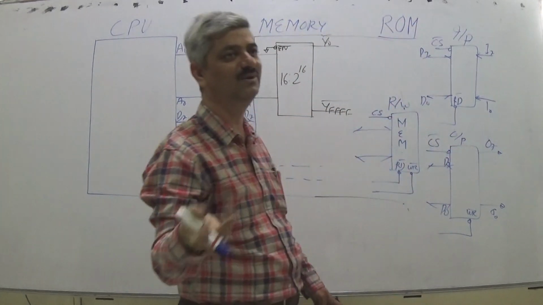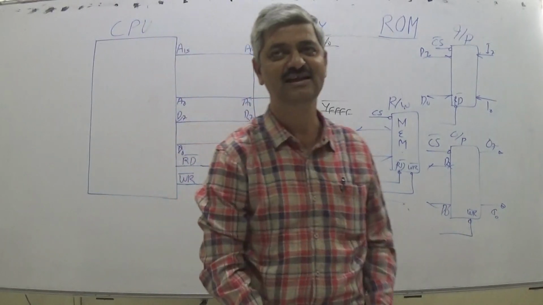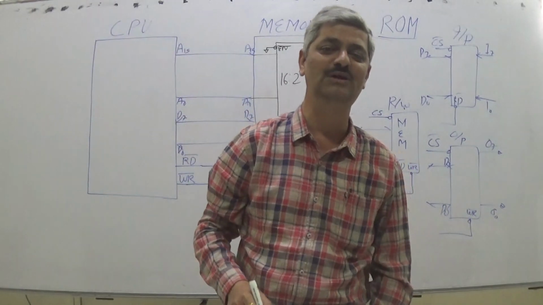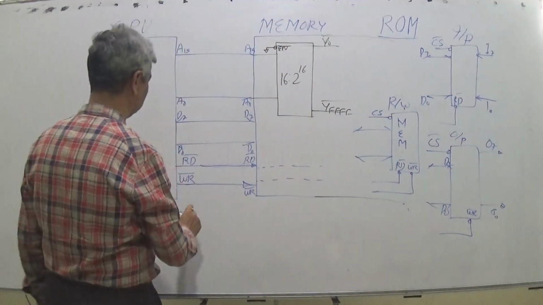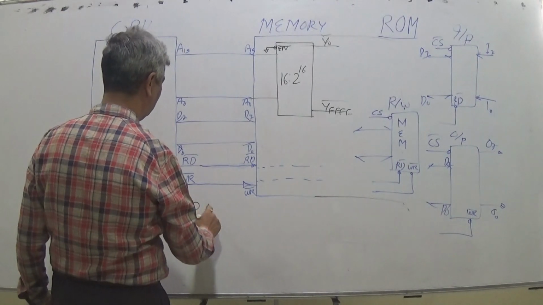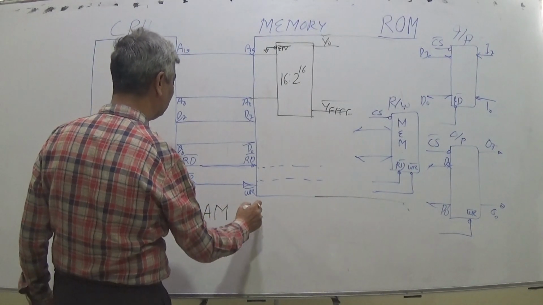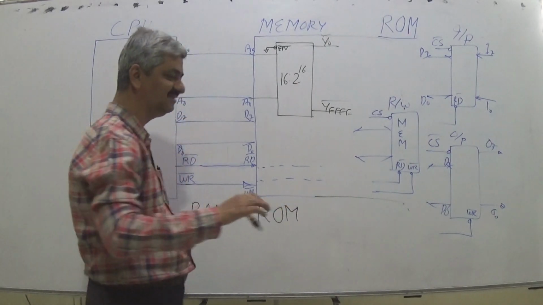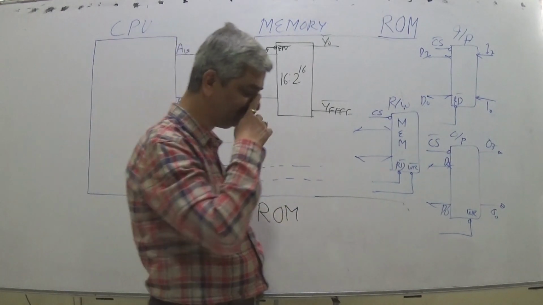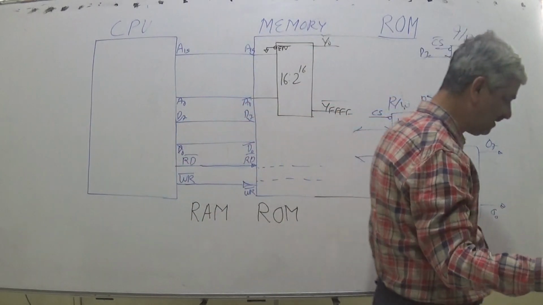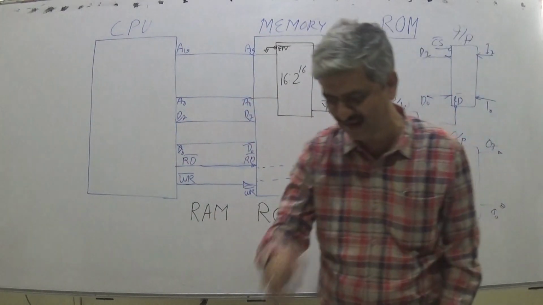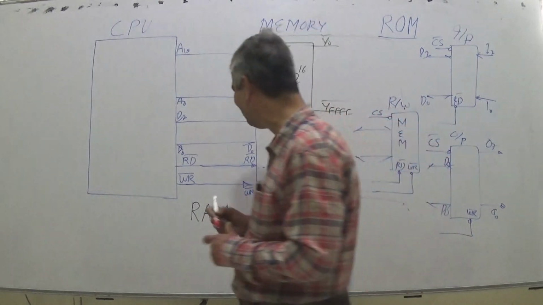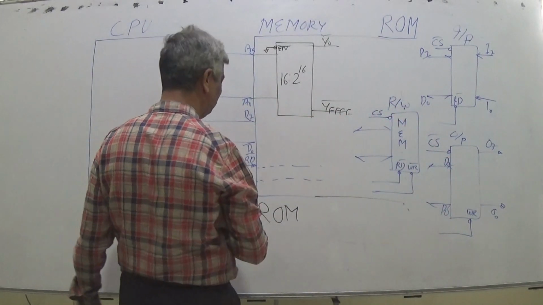Those who have done vocational 12th might have gone through two types of memories. One is called RAM, and the other is called ROM. I would like to ask a question: whether RAM and ROM are opposite to each other?